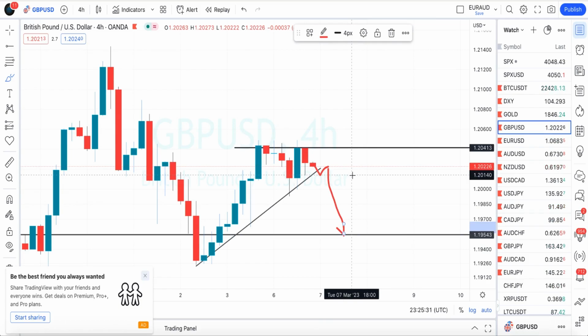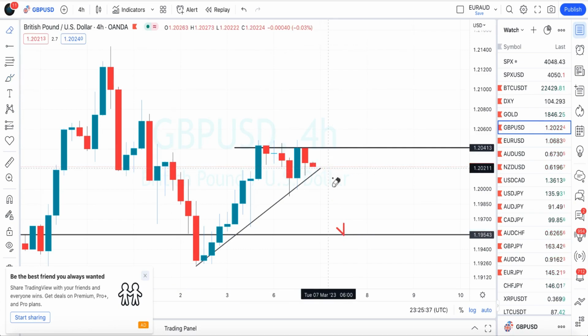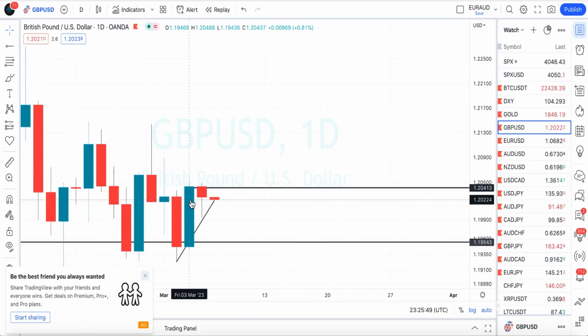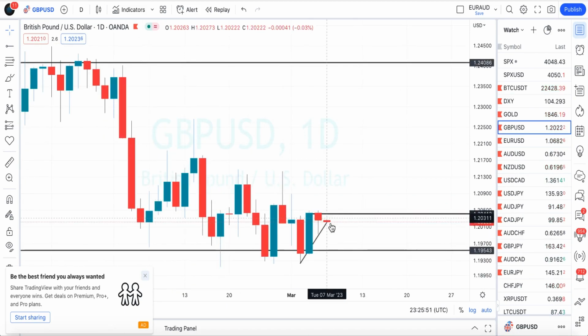Let's put it in the daily time frame so that you see the clear picture. As you can see, the clear picture still states that we can come to this particular area.